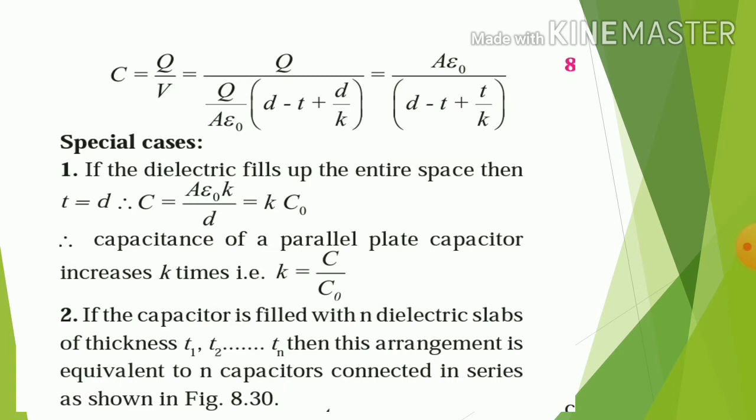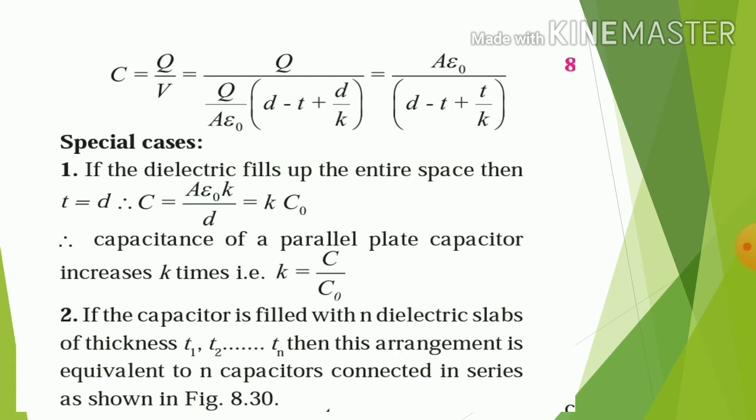So this is our required general equation. Then in the following there are some special cases.